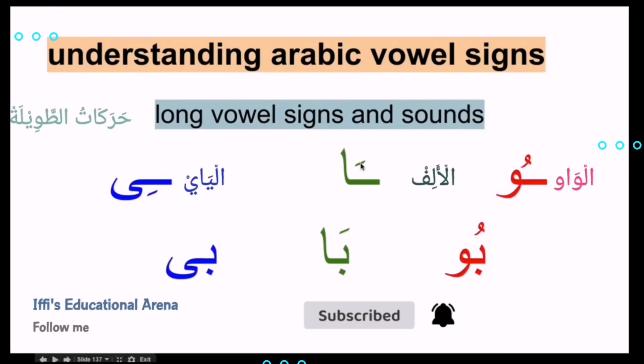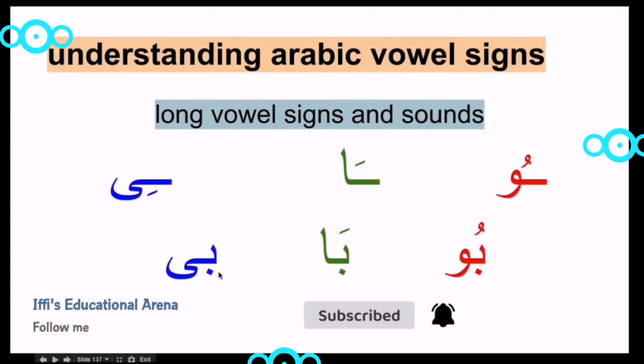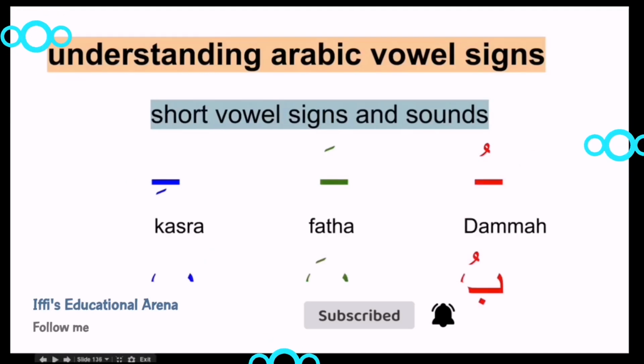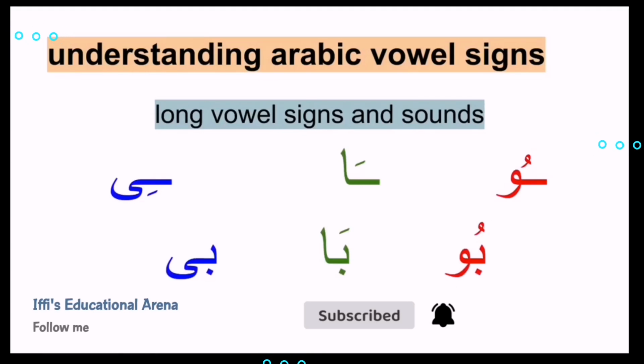For the a sound, we attach an alif and it becomes a. For the e sound, we attach a ya to become ya. So this is for phonetic reasons. So you use wow like boo, ba, bi. So you lengthen the sound. So we got short vowel signs and we got long vowel signs.